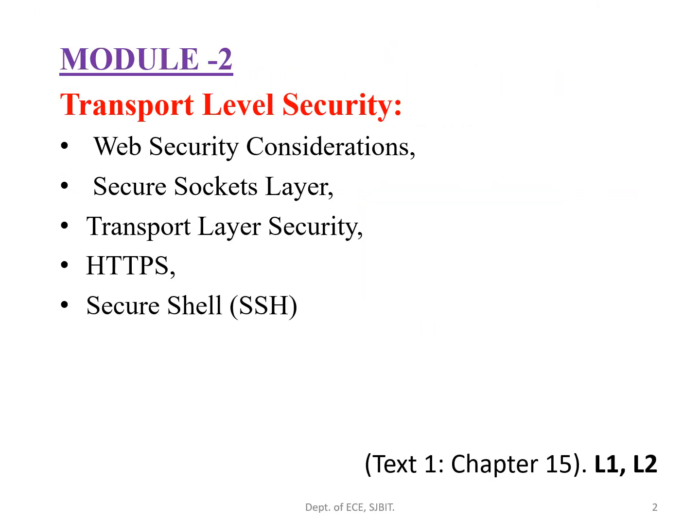Module 1 is transport level security. In that we are going to discuss web security consideration, secure socket layer, transport layer security, HTTPS and secure shell protocols. First, in the web security consideration, we are going to study web security threats and different web traffic security approaches.